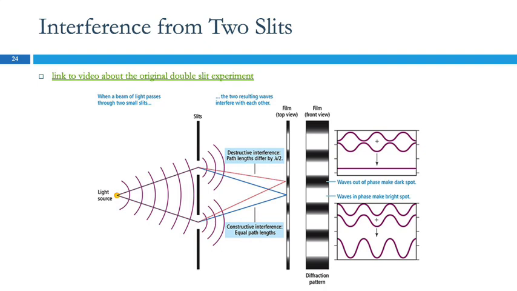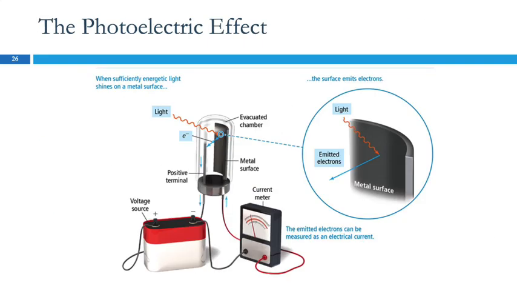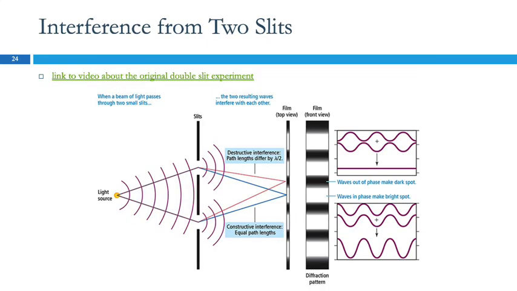So, the interference from two slits. Here we've got a light source, and this is sending out waves, and they're radiating out in a circle, right? The wave is going to hit this slit, and the wave's going to hit this slit.